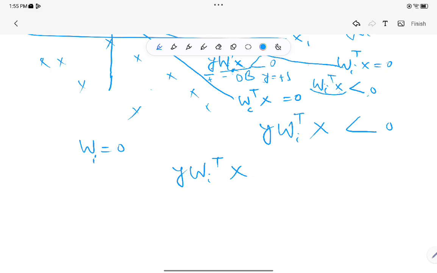If w is 0, naturally this whole thing will be 0, so this quantity will not be greater than 0. Had it been greater than 0, then it would have been the correct w, right?